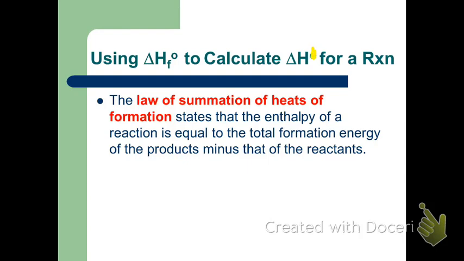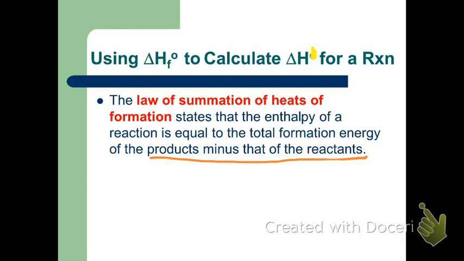Using delta H of formation to calculate the enthalpy change for a reaction, the law of summation of heats of formation basically states that the enthalpy of a reaction is equal to the total formation energy of the products minus that of the reactants. Products minus reactants. This is the key phrase you have to get out of this. Okay.